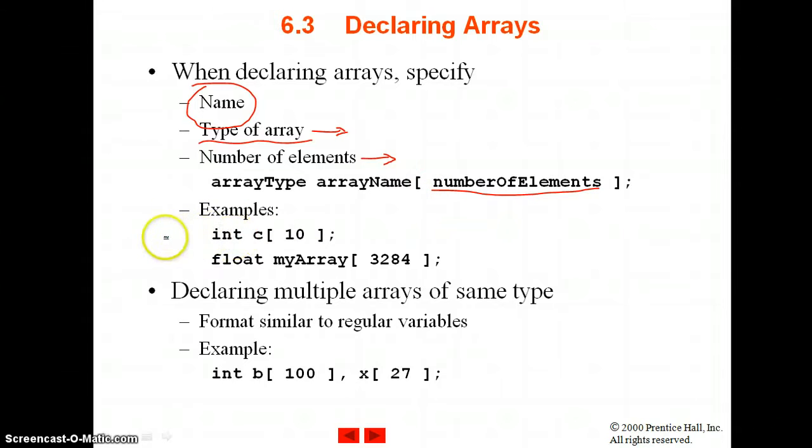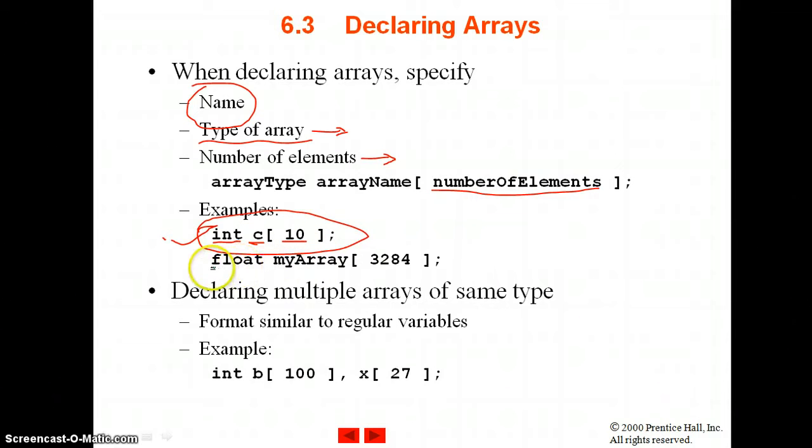For example, let me declare array of name C, and its data type is integer. So we can declare this as integer C of 10, where integer is a data type, C is the name of array, and 10 is the size of array or number of elements in the array.